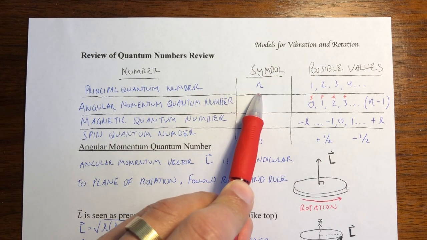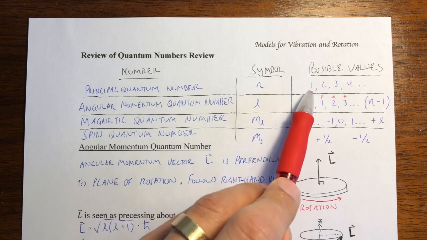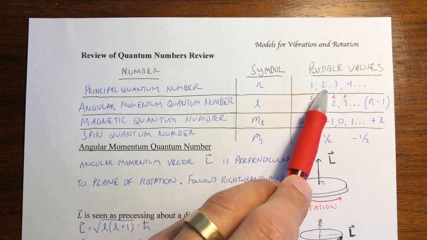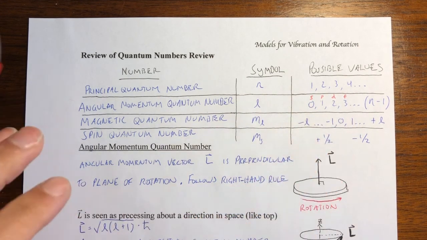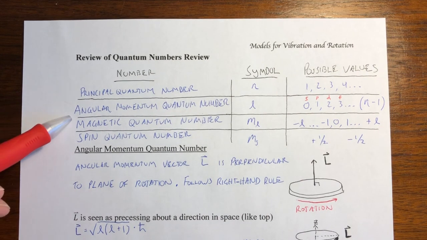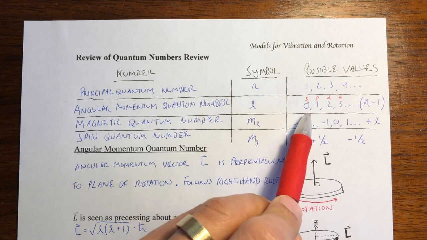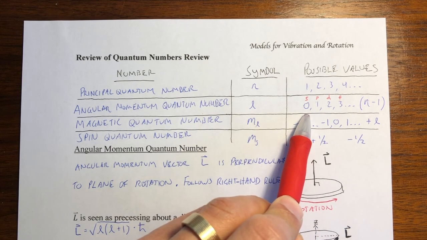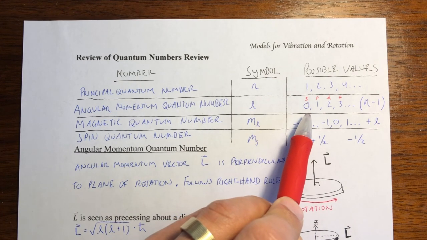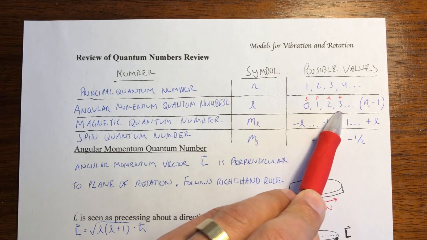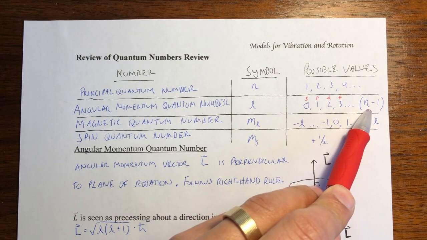The principal quantum number has possible values that are any positive integer, so 1, 2, 3, 4, etc. We have the angular momentum quantum number, which gets the symbol l. And l can be any integer, 0 or greater than 0, 0, 1, 2, 3, etc., with its maximum possible value being 1 less than the principal quantum number of a given set.